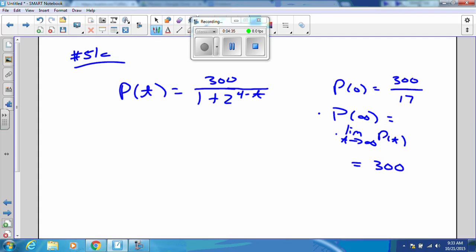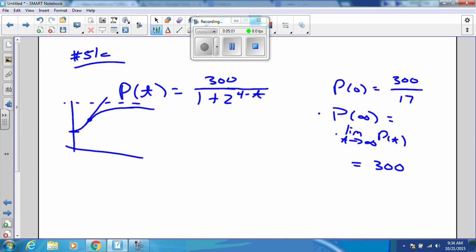So what I can see is that it appears as if whatever it is spreading from a value of 300 over 17, which is going to be a little bit more than 15, to a maximum value of 300. And so my graph is going to look something like this.